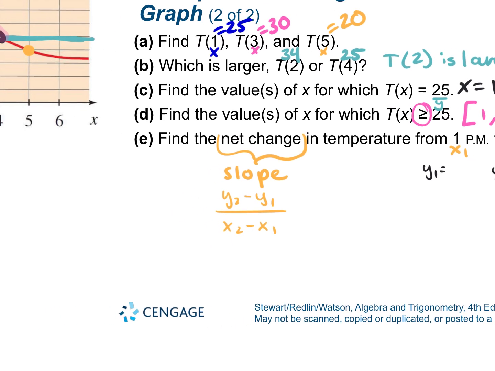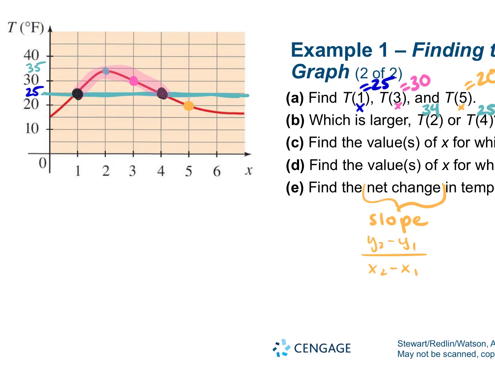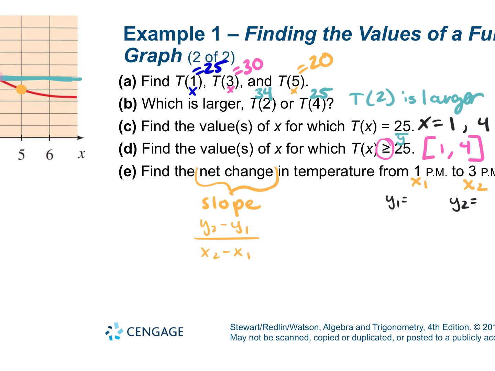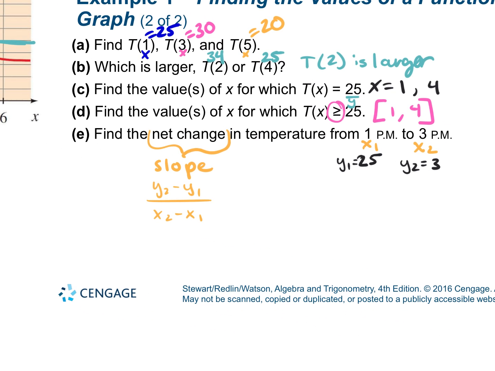So at 1 o'clock, what's our y value? 25, perfect. So y1, since we're talking about 1 o'clock there, is 25. At 3 o'clock, what's our y value? 30. So y2 would be 30.